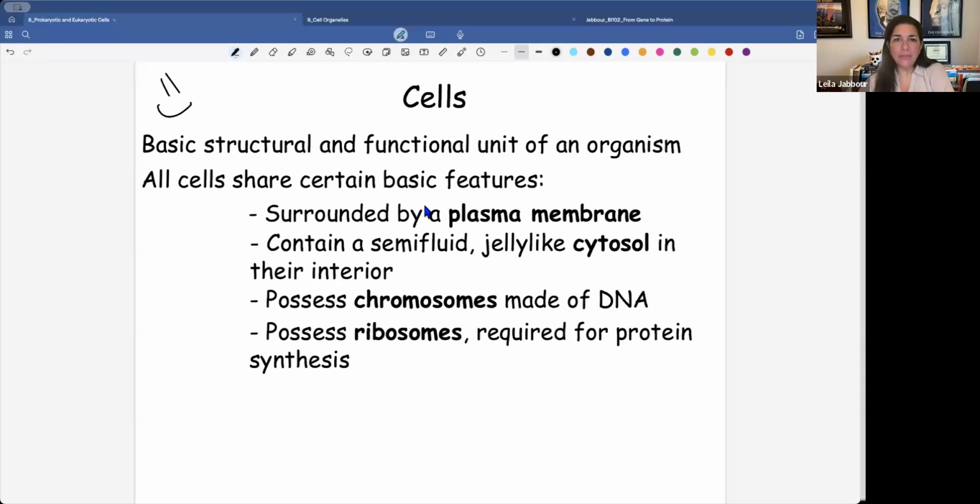So, cells are really the smallest unit of life. If you remember the progression of atoms into molecules, you learn about atoms and how they combine to create molecules, and molecules come together to make structures that are assembled into small compartments that are then part of a cell.